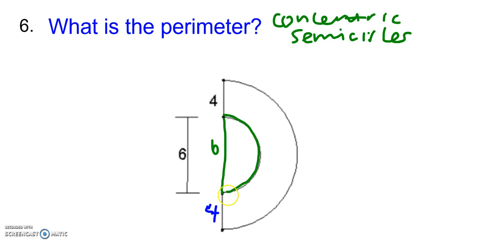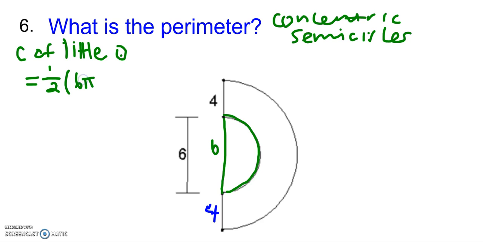Alright, but I do want to go back and start with the little circle here. Okay, so I want to find the circumference of the little circle. So my circumference of the little circle will be 1/2 times 6 pi, because our diameter of our little circle is 6, which will give us 3 pi. And then I want to find the circumference of the big circle.